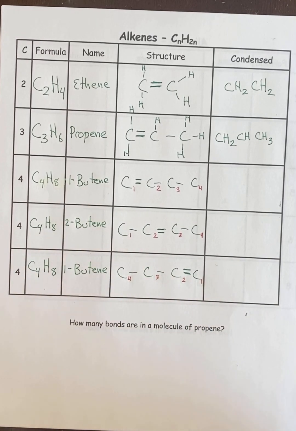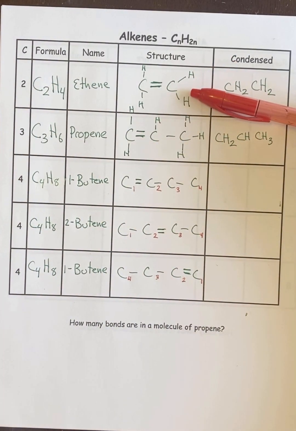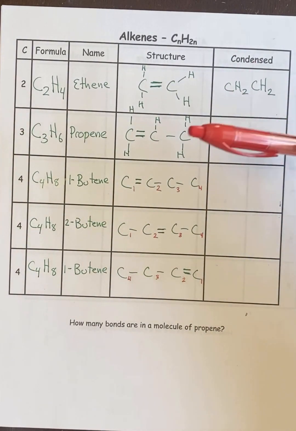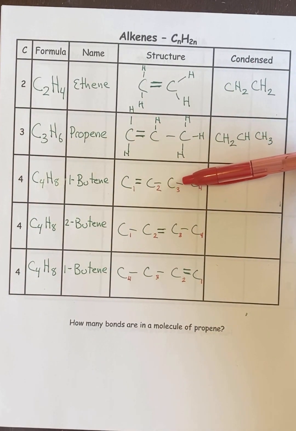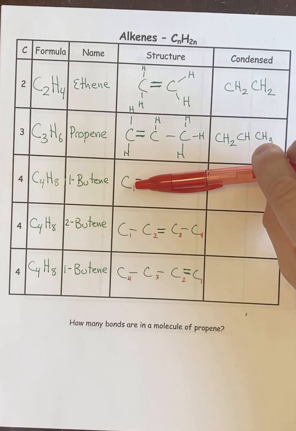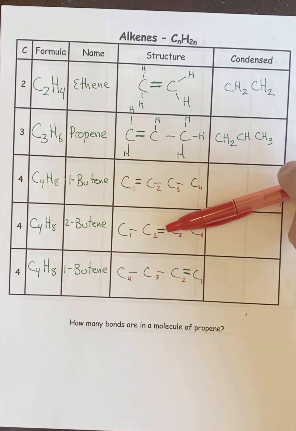And so if there's more than one variation, you need to use a number to tell me where the double bond is. For ethene, it's too small. There's only one version, no number needed. For propene, it looks like there's two different versions, but you just flip it and it's the same molecule. When you get to 4 or more, now there are different versions, and the bigger you get, the more versions you have. So there's 1-butene, and then there's 2-butene.